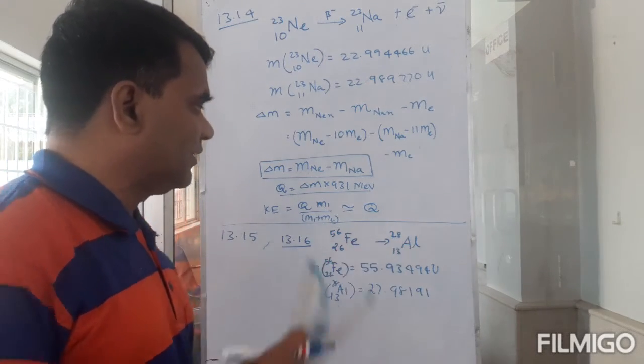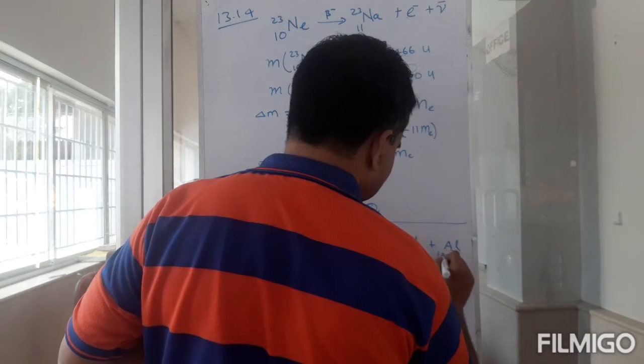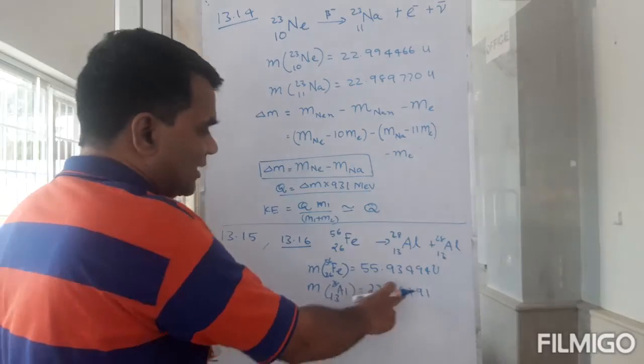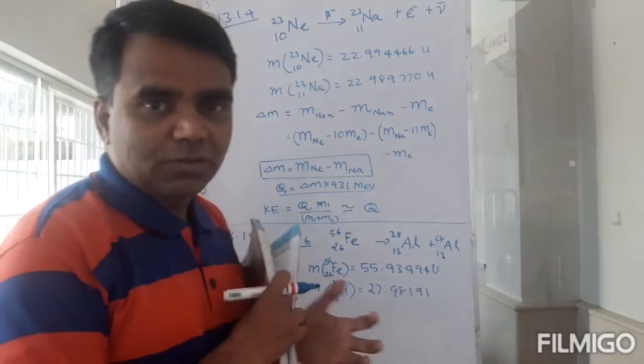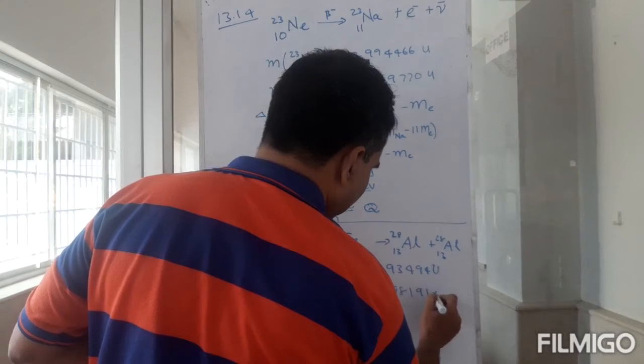There will be two of them, basically, one more aluminum-28. They're asking if this is possible. So if you multiply this by 2, I'll get some number. We will do this now.